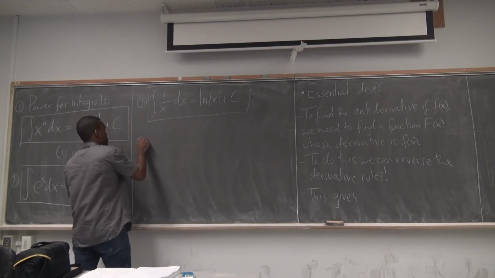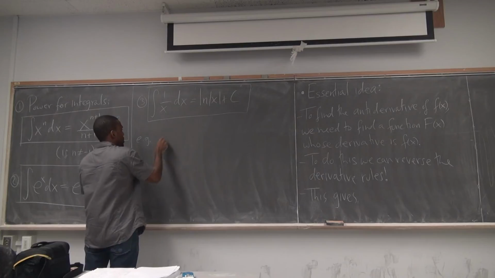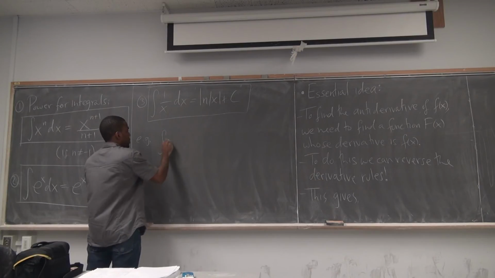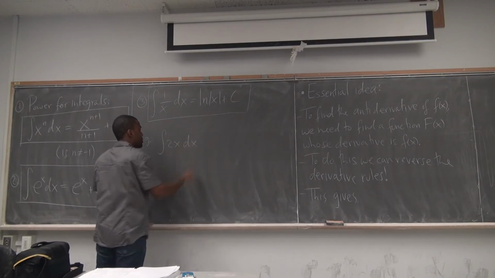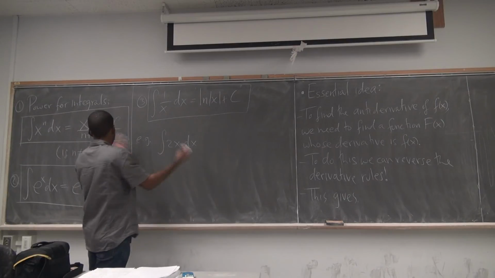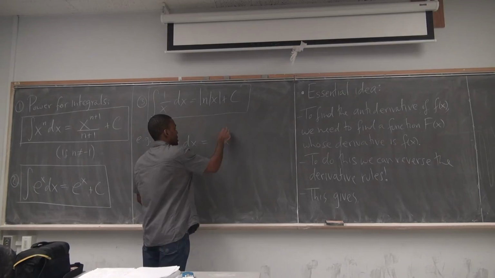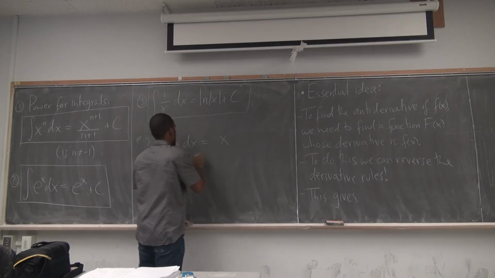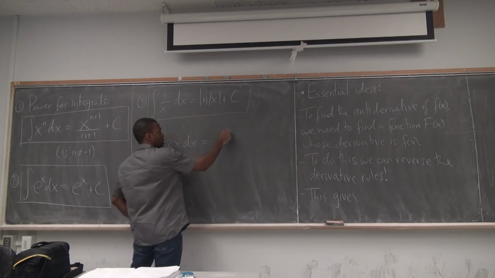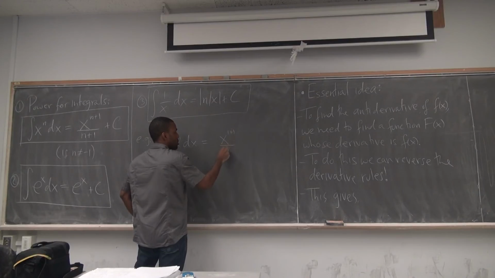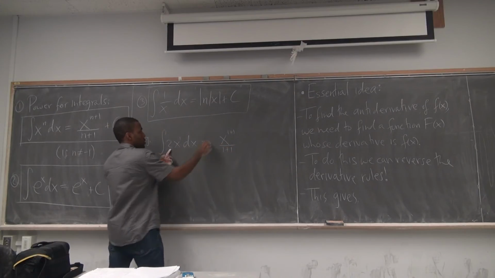So let's do an example. What's the integral of 2x? Well, just blindly following this rule, I'm going to take x to the 1 plus 1 over 1 plus 1, and this 2 is going to stay there.